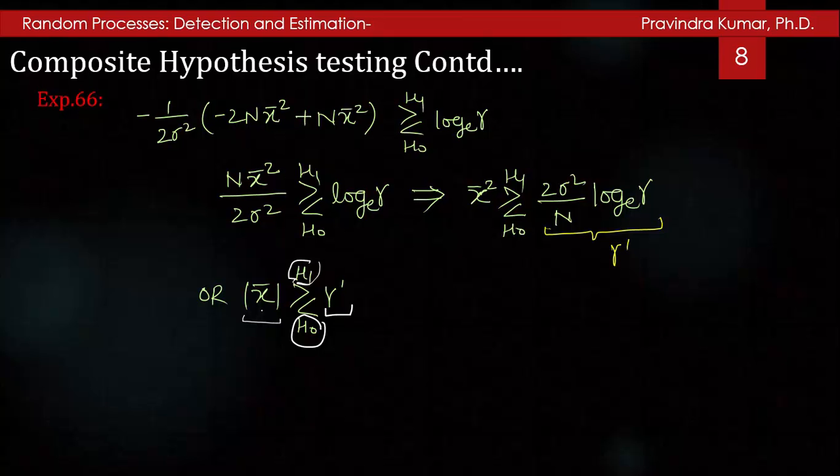And you can see this form of detector is identical to that obtained using the Bayesian approach, but using the GLRT this is much simpler than the Bayesian approach.